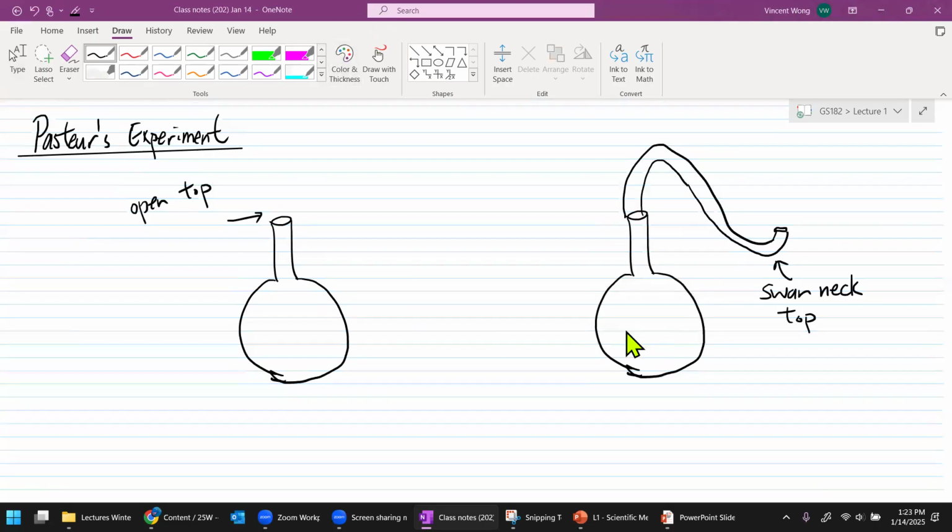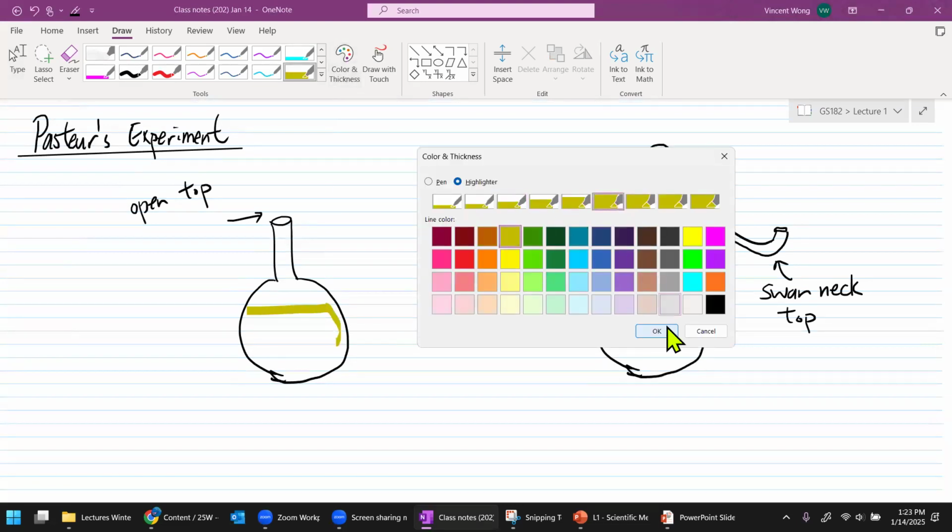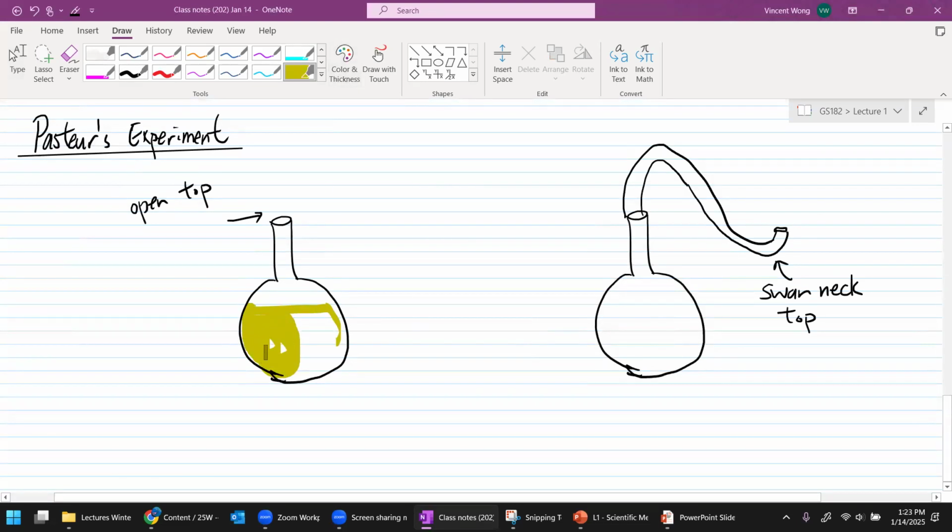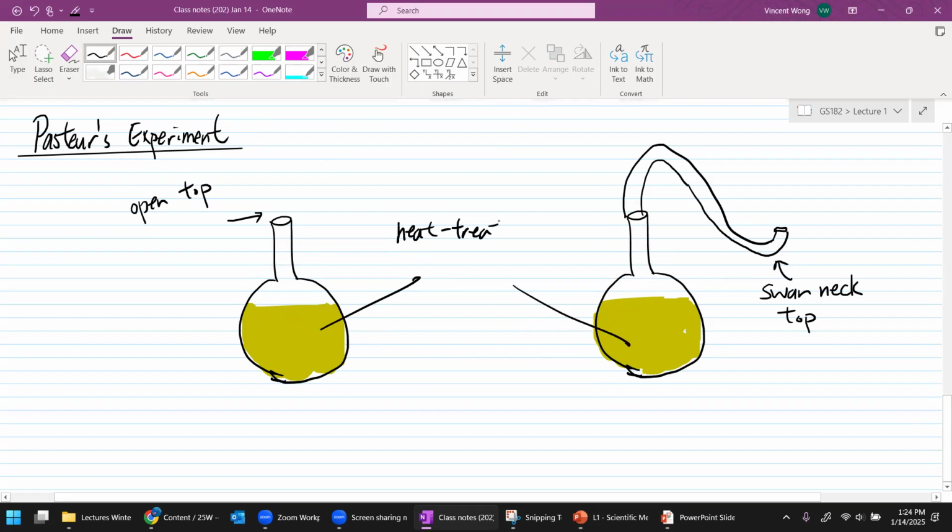And then he filled these things up with some broth, like chicken broth, beef broth, whatever the case is. So these are heat treated broth.